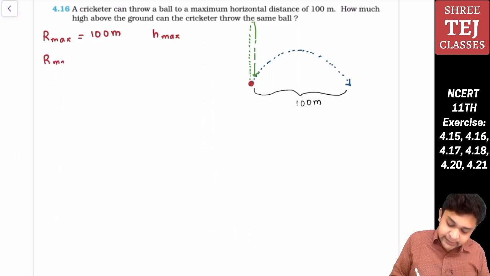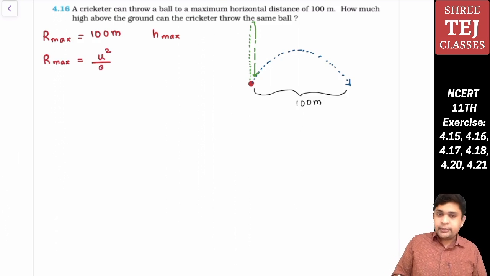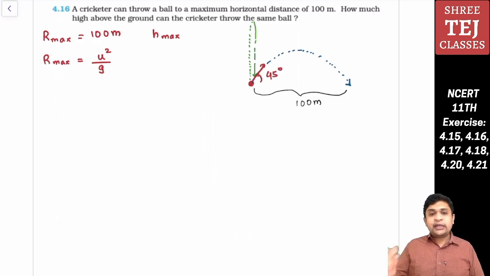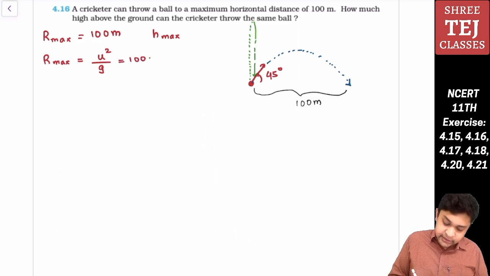So R max is equal to u square by g, because if theta is 45 degrees, twice of theta will be 90 and sine of 90 is 1. So R max is u square by g, which is given to be 100 meters.